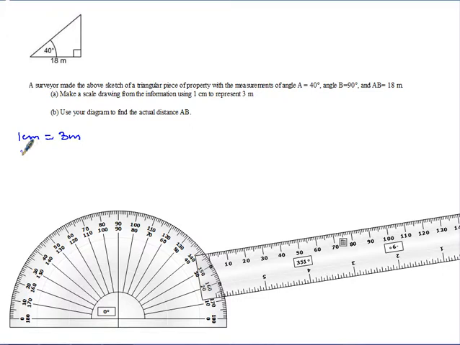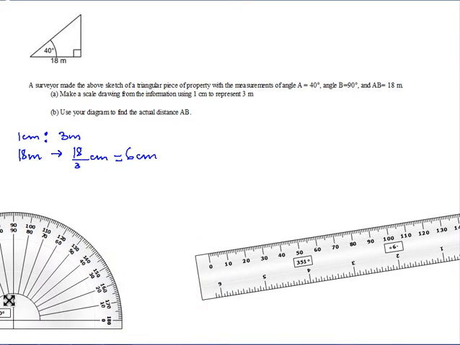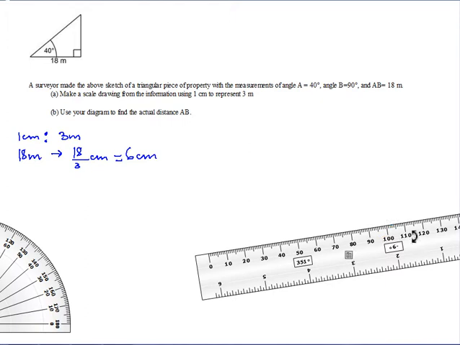So 18 divided by 3 gives 6 centimeters to represent that line. 1 centimeter represents 3 meters, so 18 meters will be represented by 6 centimeters. So let us draw that first line of 6 centimeters for that 18 meters.